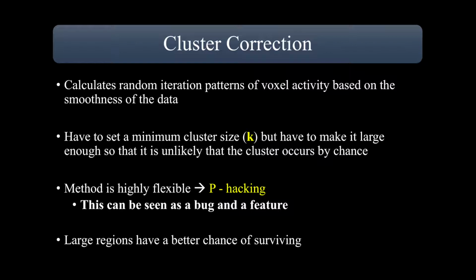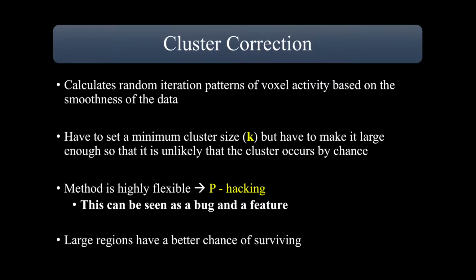This method is highly flexible in that it allows the experimenter to manipulate several levels of criteria. This can be seen as a bug and a feature. To elaborate, while it may raise the risk of selectively manipulating data to fit a given hypothesis, it can also allow us to use judgments based on previous literature to choose the ideal criteria for our purposes.